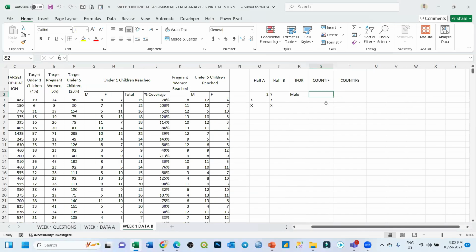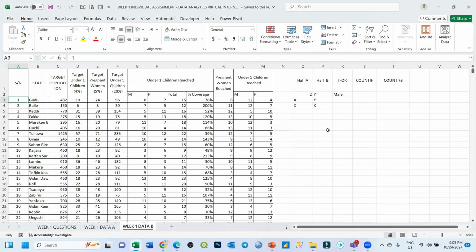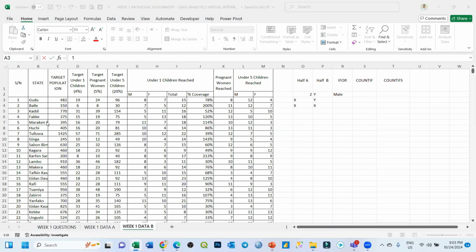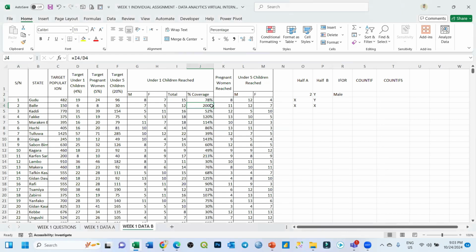Okay, so now for COUNTIF, we use COUNTIF to count a particular criteria within the range of the data. The example I'm going to give here for this COUNTIF is that look at this data that we have. You see, we are going to count, let's say, the number of LGAs or states with more than 300 target population, that is total population, more than 300 total population of that state, and the percentage coverage of their under one is greater than 75%.